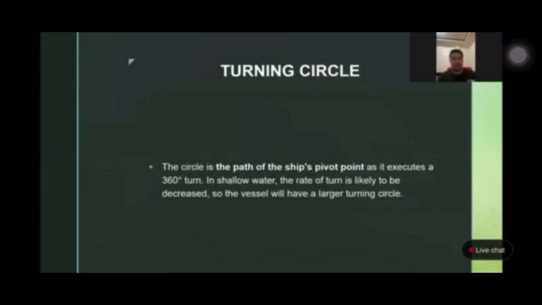Next is turning circle. The turning circle is the path of the ship's pivot point as it executes a 360 degree turn. In shallow water, the rate of turn is likely to be decreased, so the vessel will have a larger turning circle.